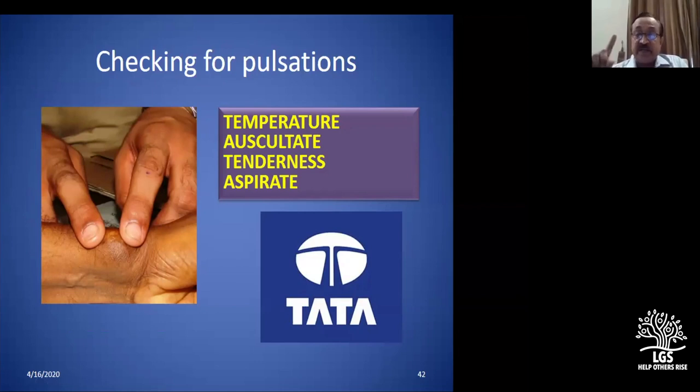Don't get into trouble. So look for temperature and tenderness, auscultate and aspirate. Just remember TATA, so that you will be careful whenever you excise a vascular or pulsatile swelling, right?